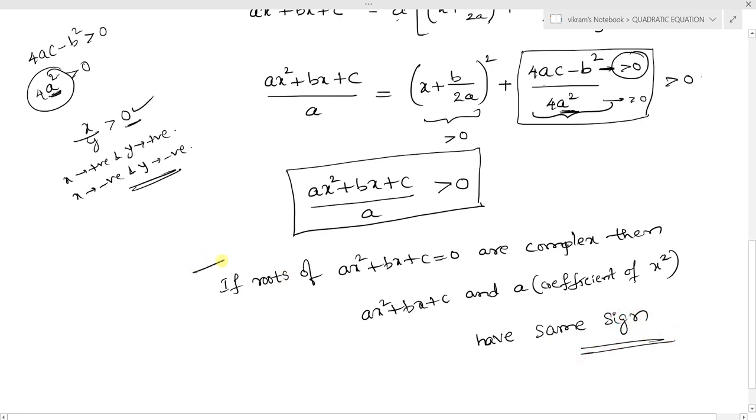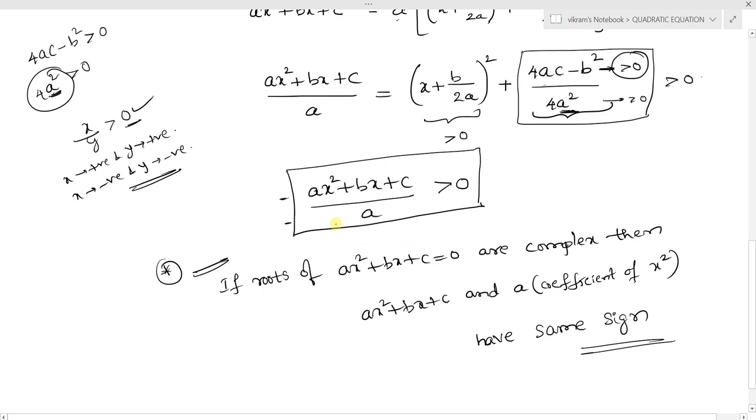This is the important one. If the roots of the given ax square plus bx plus c are imaginary or complex roots, then ax square plus bx plus c and the coefficient of x square, a, will have the same sign. I think now you understand this.